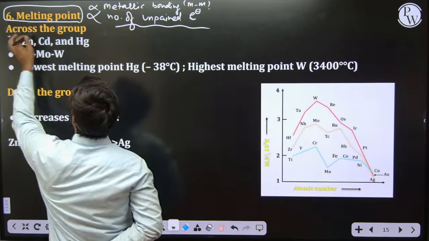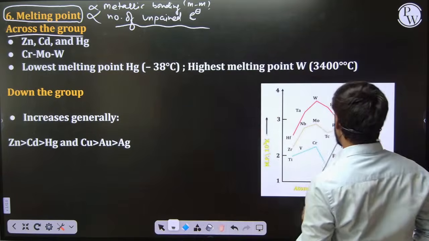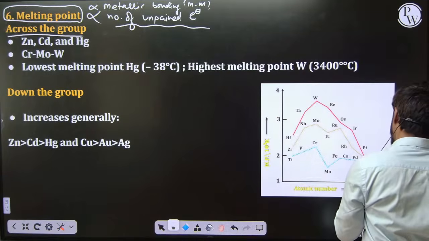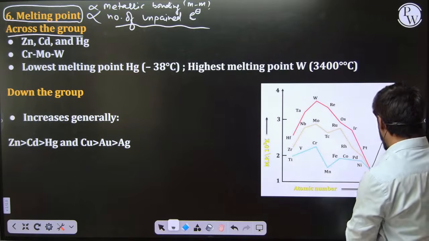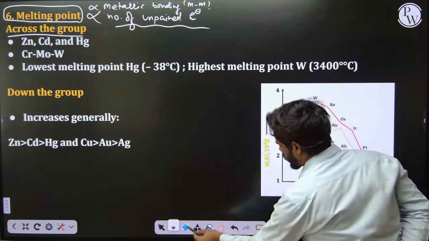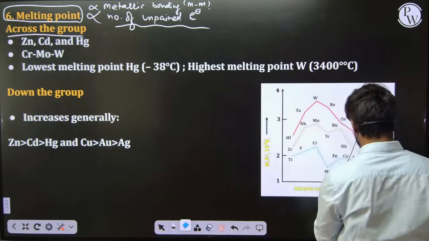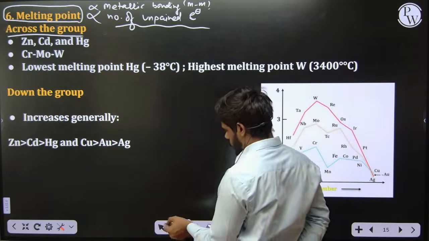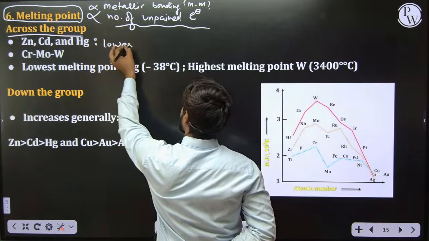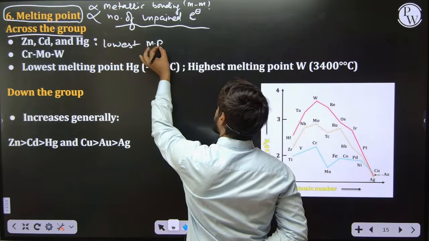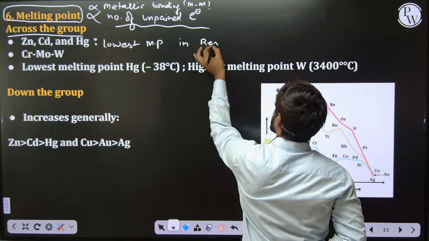So across the period, what will happen? Zinc, cadmium, mercury have the lowest melting point in the respective series.